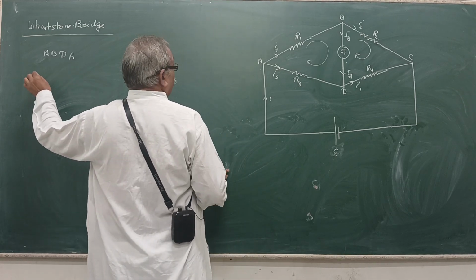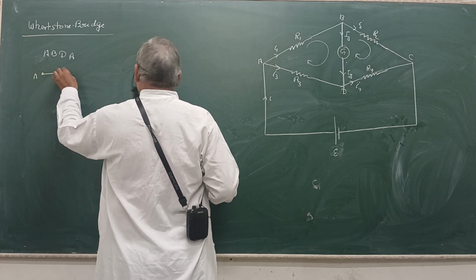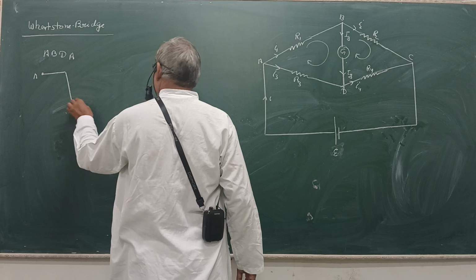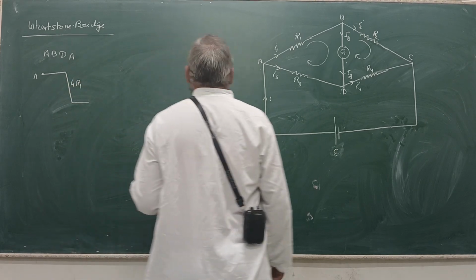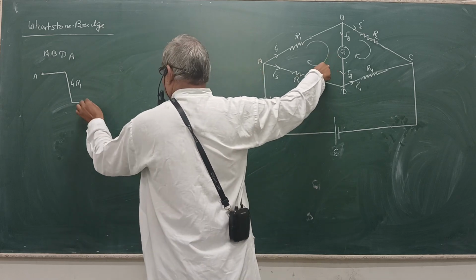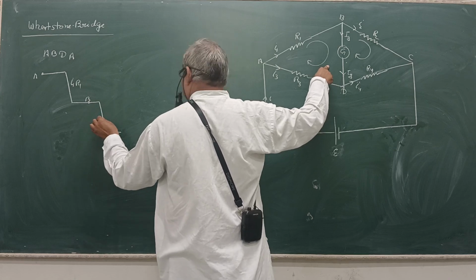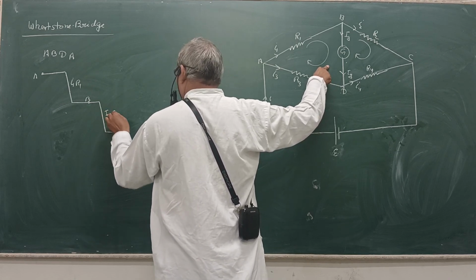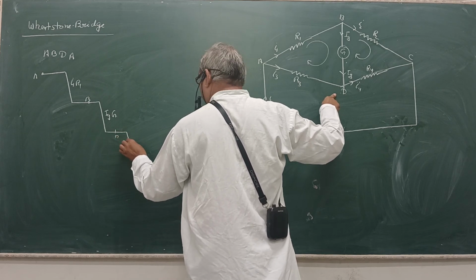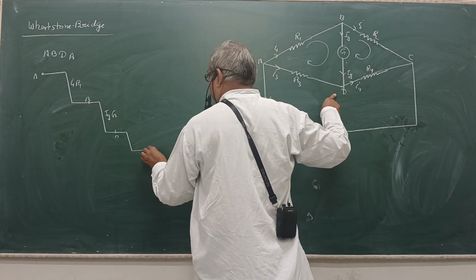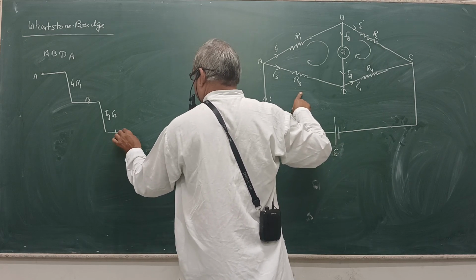this is the current flow. At point A is the flow of the current, with the value I1 R1, and this is the point B, the flow of IG into G, and point D, this is the motion of flow in the upward direction.